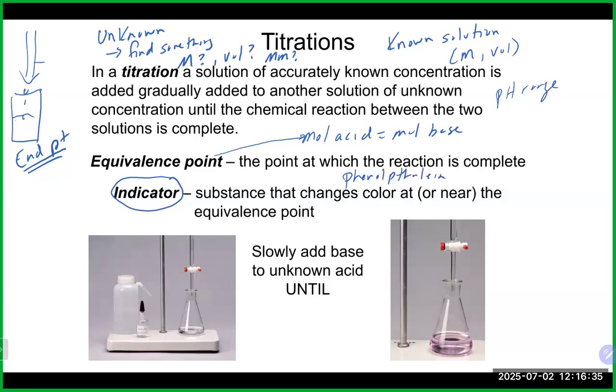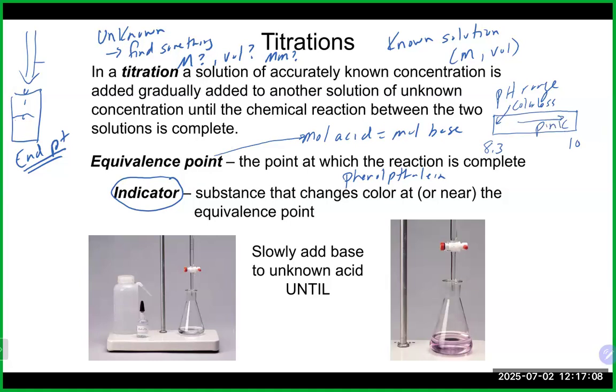Phenolphthalein, as we used the other day and also talked about, is colorless in acidic solution, colorless in neutral solutions, but it does turn pink in basic solution. As I might have written on the board the other day, it works really between a range of 8.3 and like 10-ish. Around the 8.3, it really is still kind of colorless, and again, it gets gradually pink as you go through that.